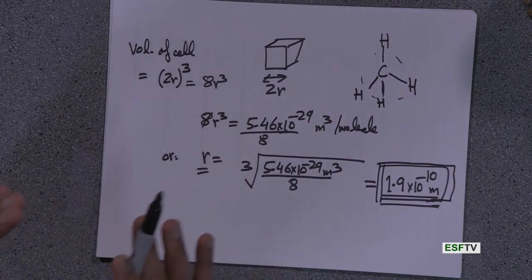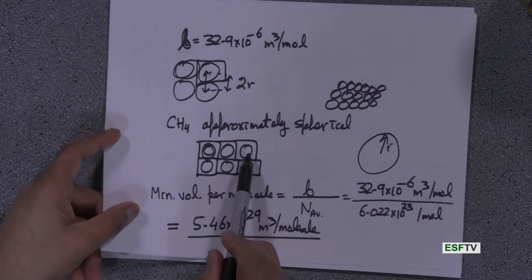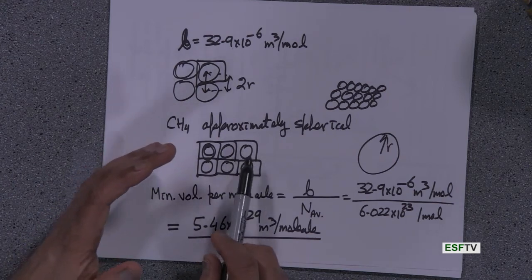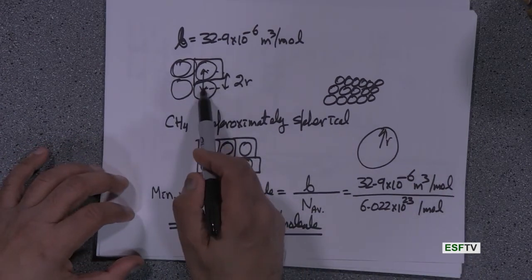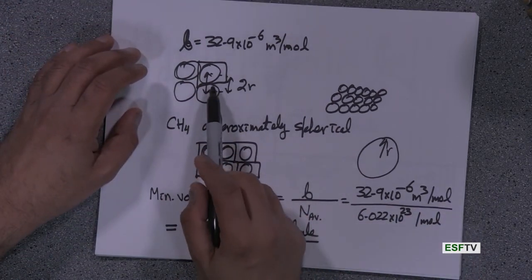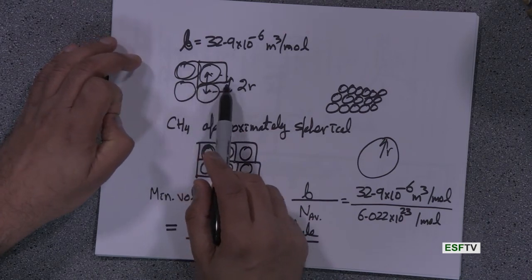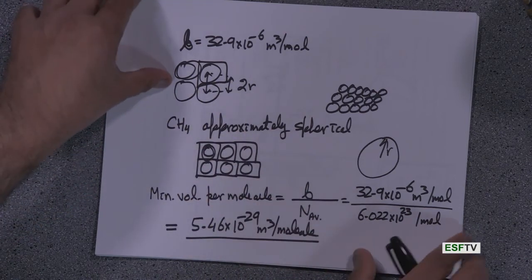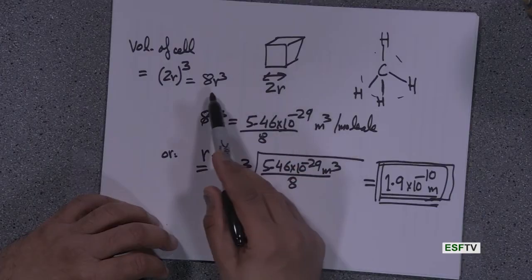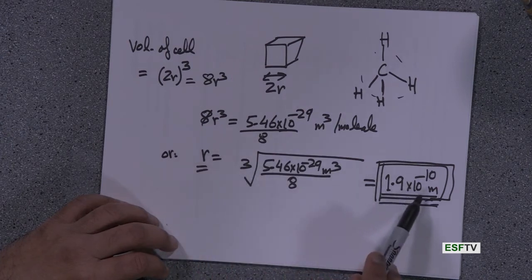And then we use the value of little b, pretending that the molecules are in cubical cells squished together, so that the distance between the centers of individual molecules is equal to the diameter, and that we equate to the length of the side of a cell. We take the third power of that, 8r cubed, and from that we estimate the radius of a molecule.